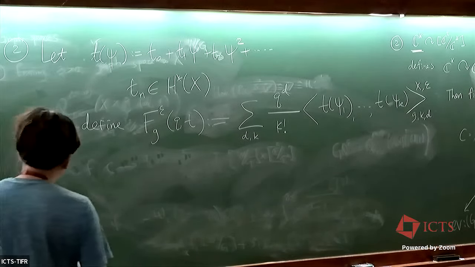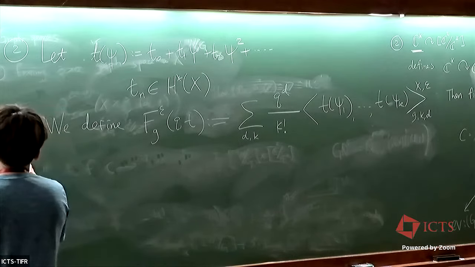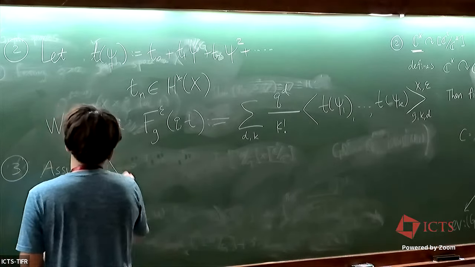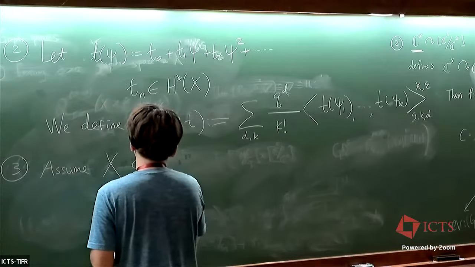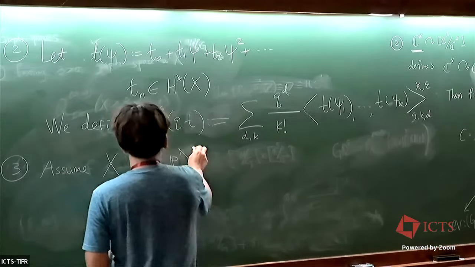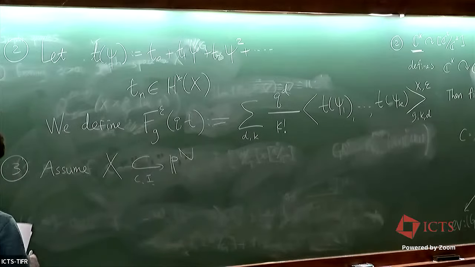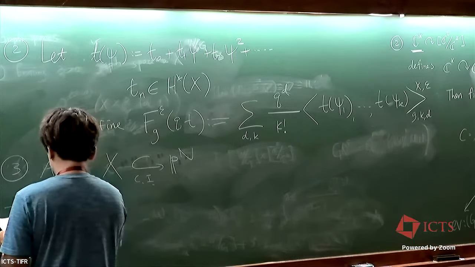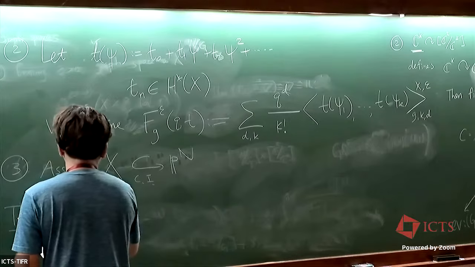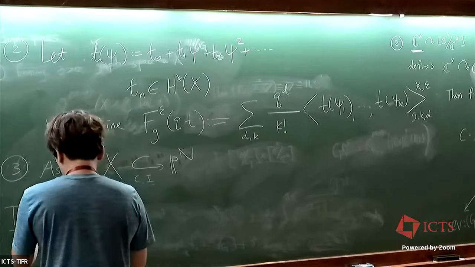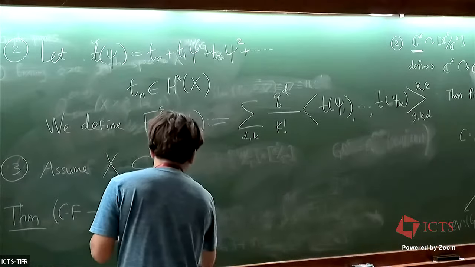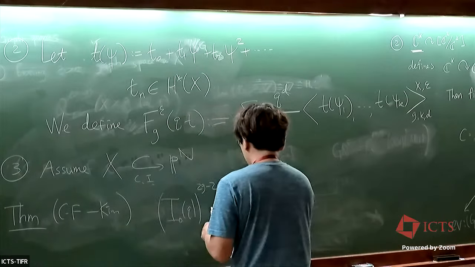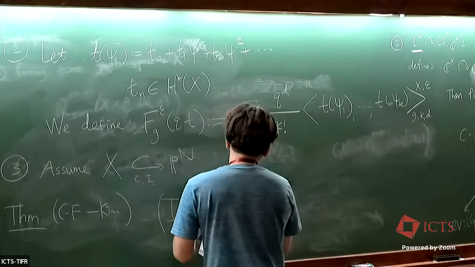Okay, then let's assume X is a complete intersection in projective space P^N, and we have this theorem. Jeongseok's theorem has a factor Q to the 2g minus 2, and here we have a Kronecker delta.